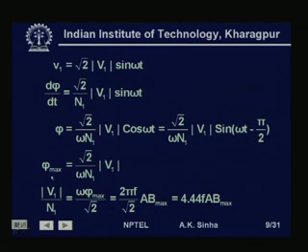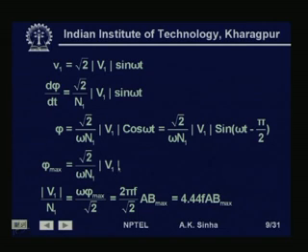Now, what is the maximum value of the flux in the core? This will be equal to root 2 by omega N1 into V1, because when sin omega t minus pi by 2 is equal to 1, that will give me the maximum value of the flux. So, phi max is equal to root 2 by omega N1 into V1.